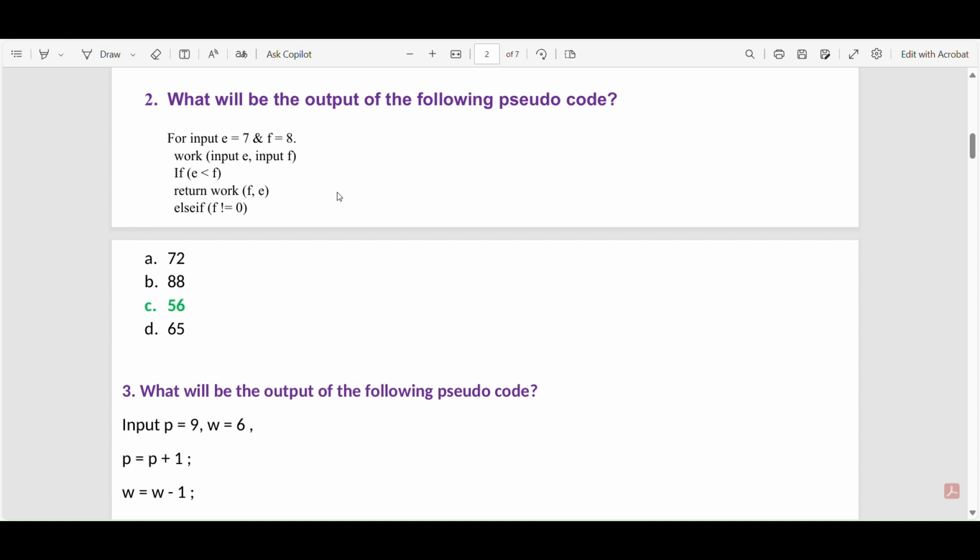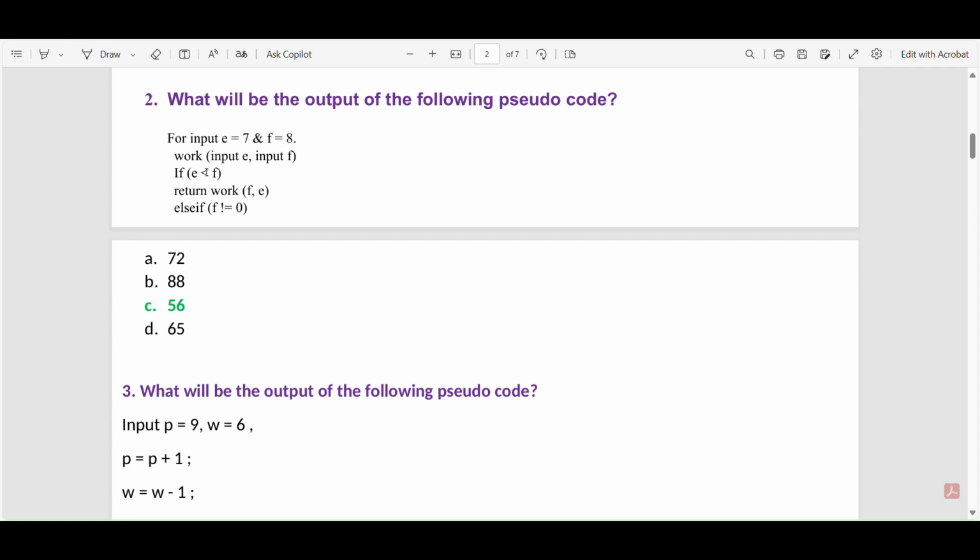And when you go from the starting one, see, for input e equals 7 and f equals 8, that means we have created integer variables e and f with values 7 and 8 respectively. And next we have the work of input e and input f, right?